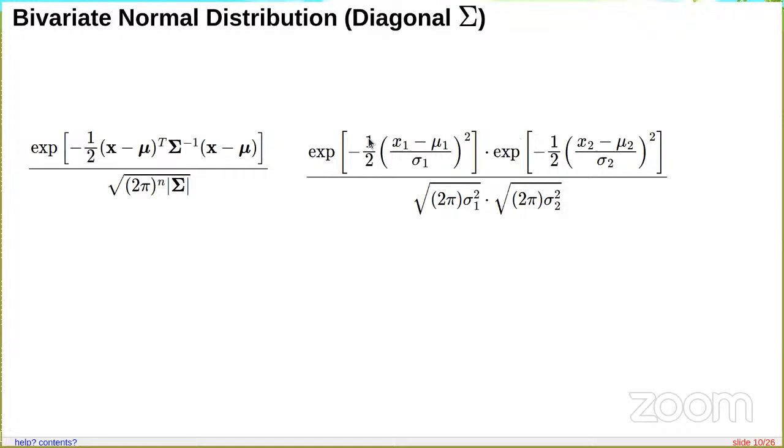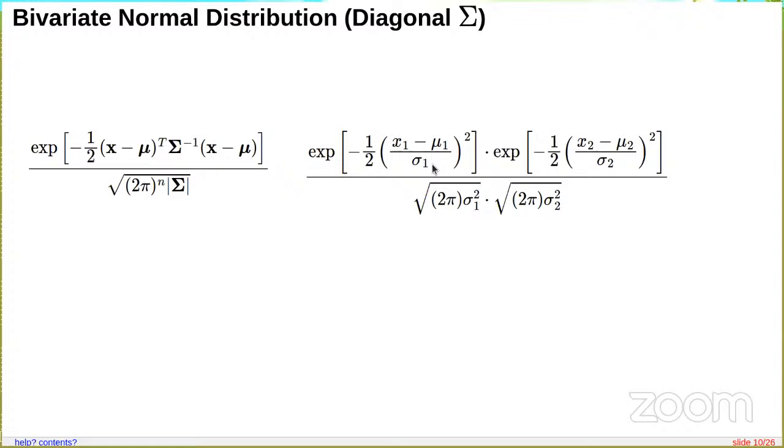Now if you notice, this part on the left is nothing but the PDF of a normal distribution in one variable, x1, mu1, sigma1. And here is the PDF of another variable, x2, mu2, sigma2. So we have a product of 2 densities, but they're all univariate normal distributions. Is that clear? Yes, sir. Yes.